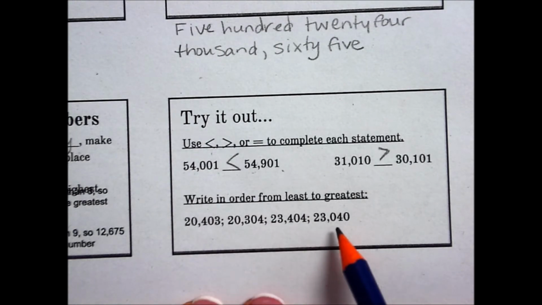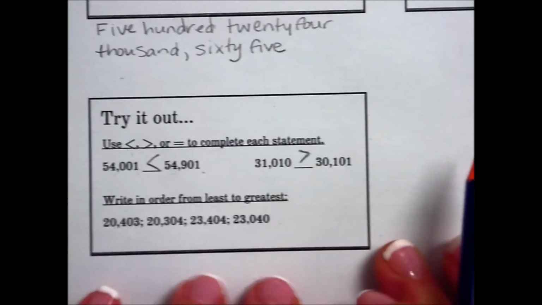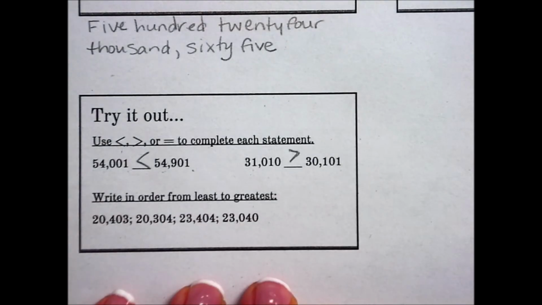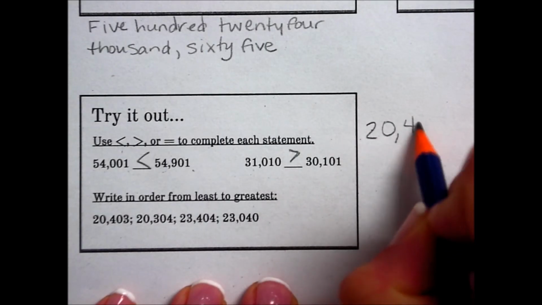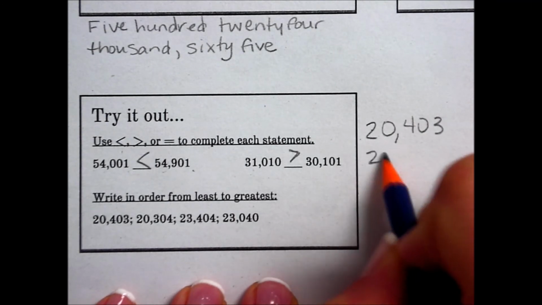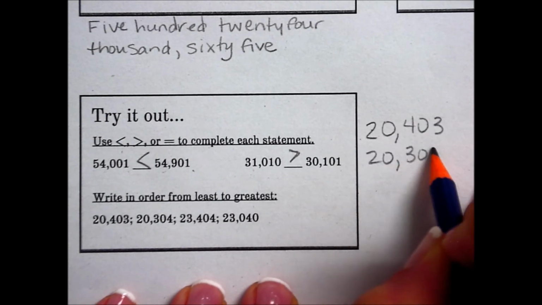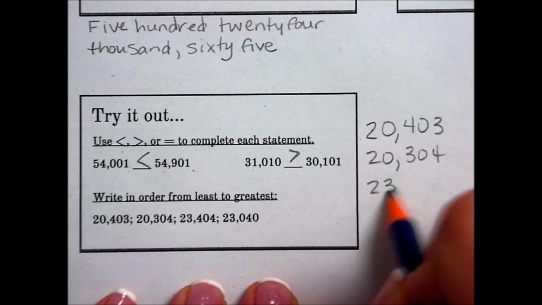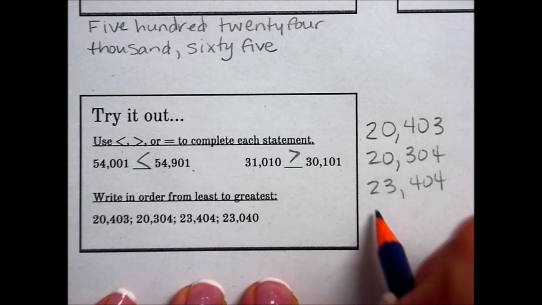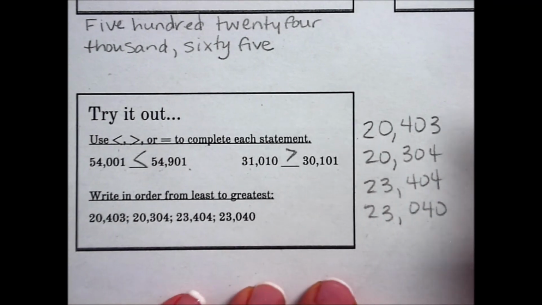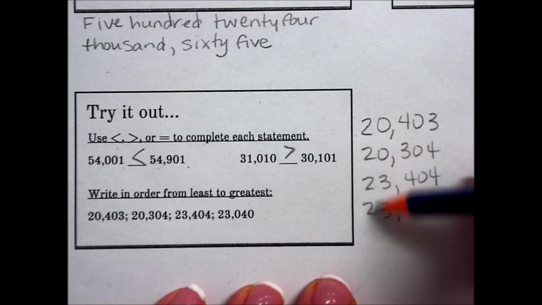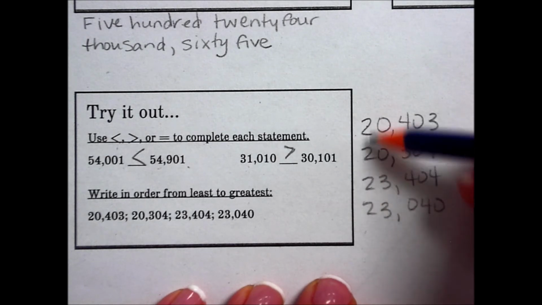To order these from least to greatest, I am going to rewrite them vertically and line up the place values. I'll start here and compare the highest value digits that are all 2's.